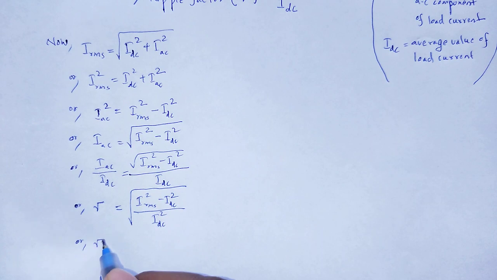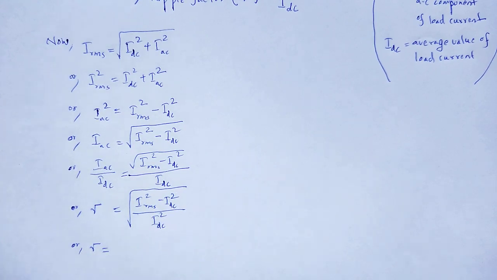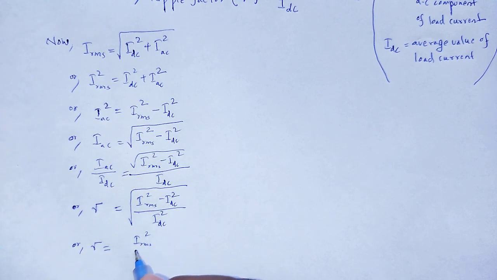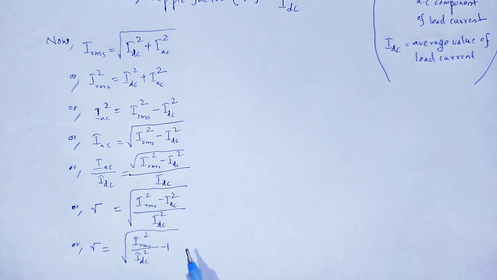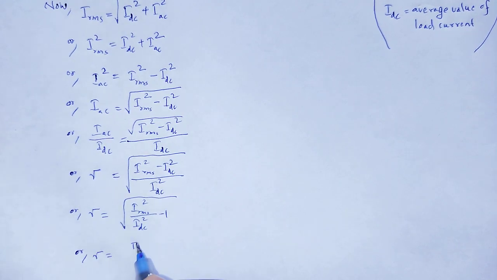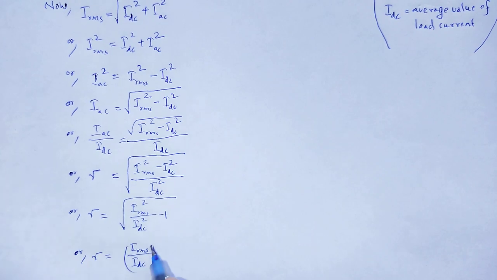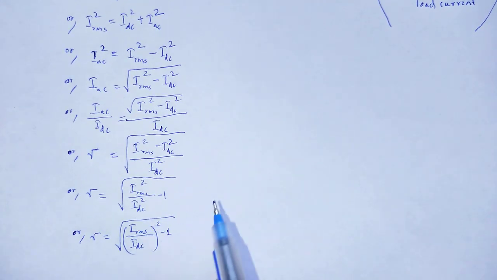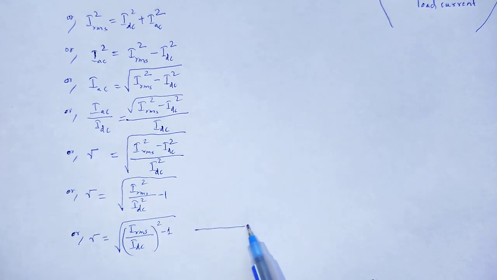Or gamma is equal to the square root of I RMS square divided by I DC square minus 1, or gamma is equal to the square root of I RMS divided by I DC whole square minus 1. This is the expression for ripple factor.